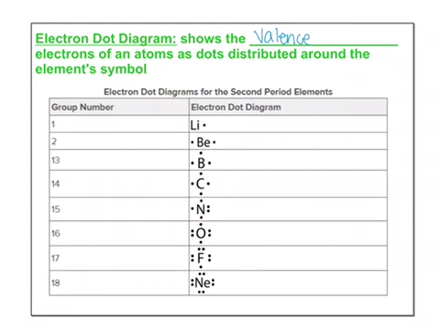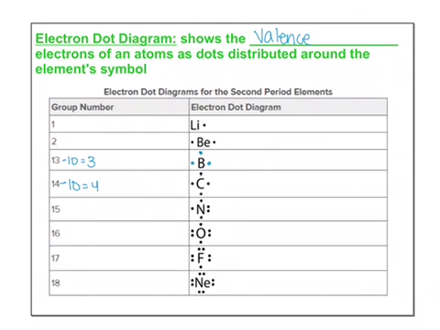Boron is in group 13, and so to figure out the valence electrons, you subtract the 10, and there are 3 valence electrons, which we can see as the 1, 2, 3 dots around boron's element symbol. Carbon has 4 valence electrons because of the minus 10, and 1, 2, 3, 4.